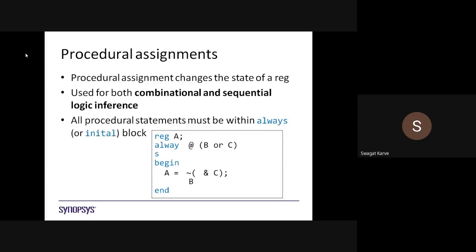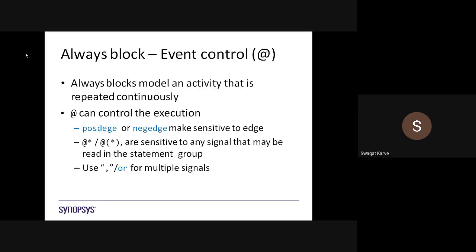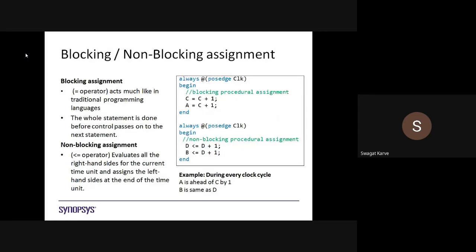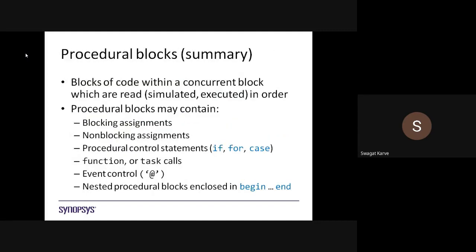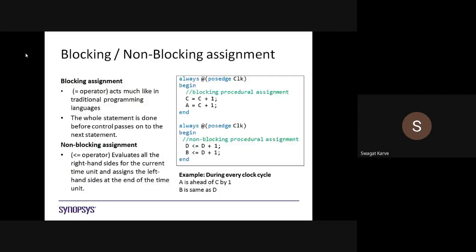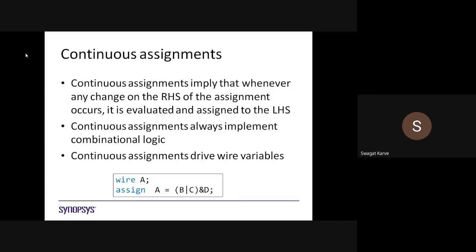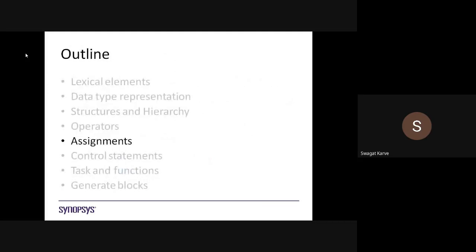Then we have procedural blocks, procedural assignments, always block, then examples, then blocking and non-blocking assignments. After assignment, we are going to discuss the control statements, then tasks and functions, and the generate block. That is the last point of our discussion.